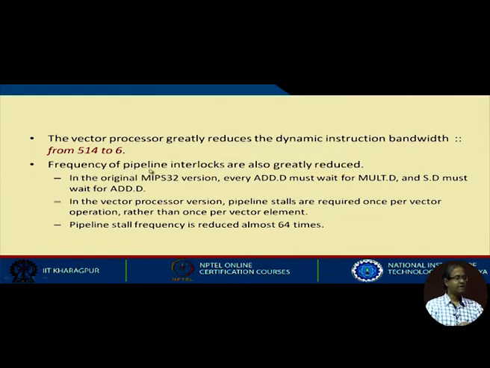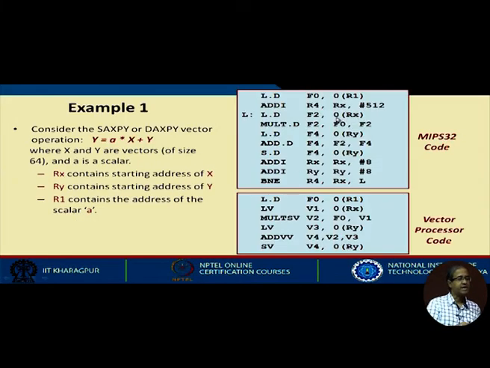Similarly, the stalls, the pipeline interlocks, are also greatly reduced, because in the original MIPS32 version you will see there will be a lot of dependencies. Going back again, you see this add uses R4 which is loaded here, there is a dependency.